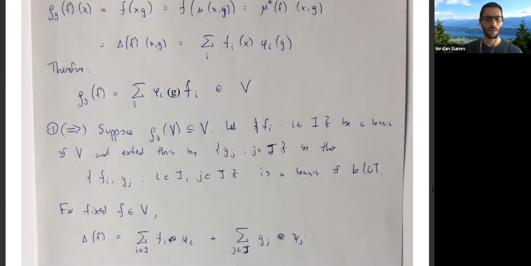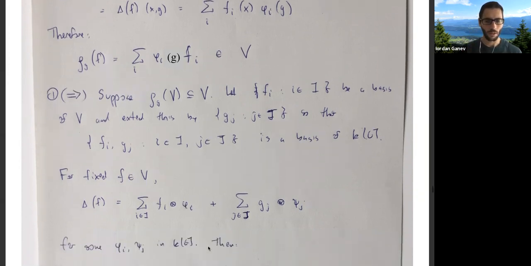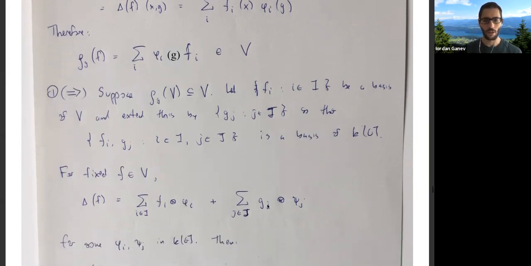So we have to have some basis vectors here. We have to have the basis vectors here multiplied by some functions in k brackets g, and then we have these basis vectors here. And this, just to point out, just for sanity, only finitely many of the phis and psis will be non-zero. So this is a finite sum in the end.